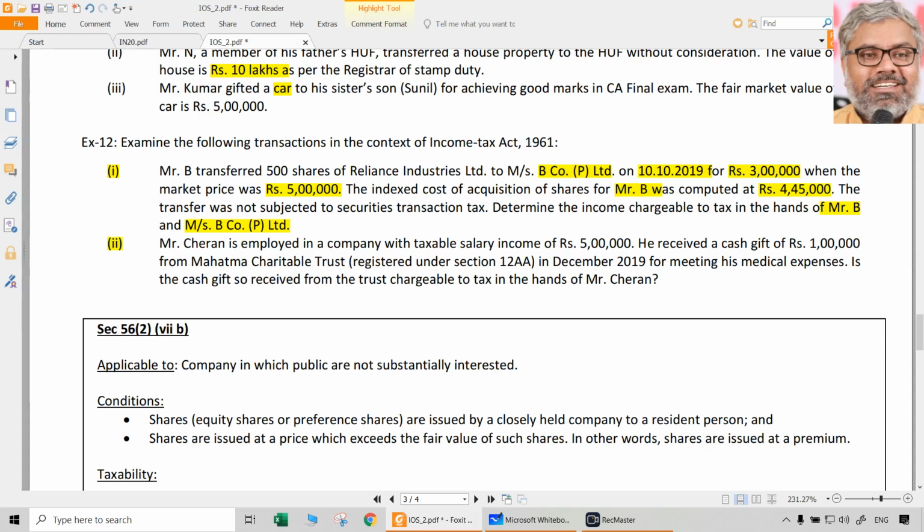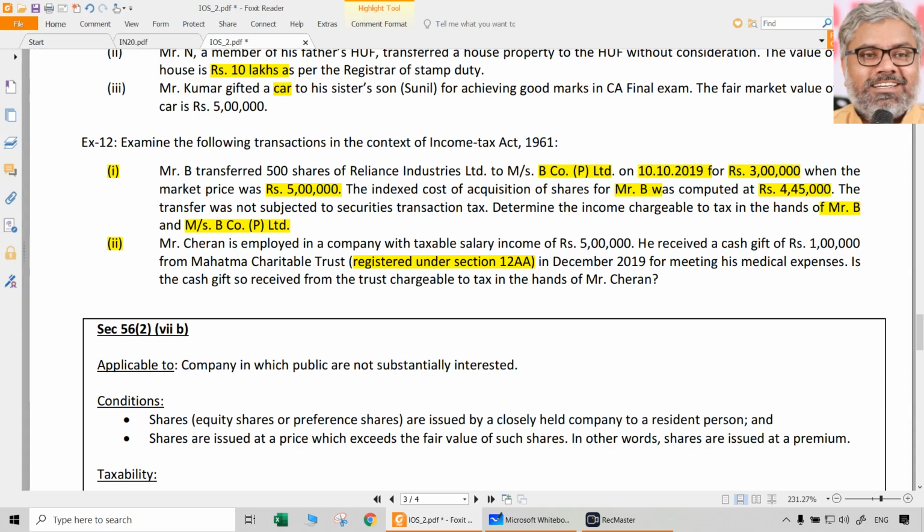Second point, Mr. Charan is employed in a company with a taxable salary income of 5 lakhs. He received a cash gift of 1 lakh from Mahatma Charitable Trust registered under 12AA. So it is a gift received from trust for meeting medical expenses. Is the cash gift so received from the trust chargeable to tax in the hands of Mr. Charan? Answer is no, because that is also part of the exempted gifts list.